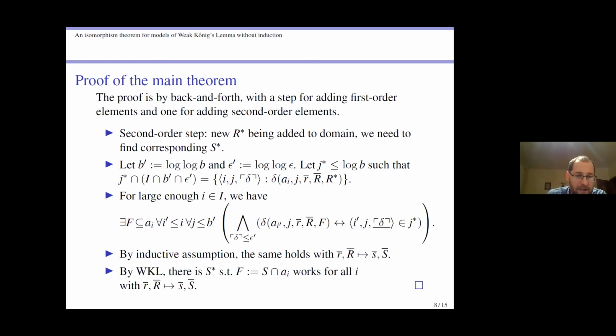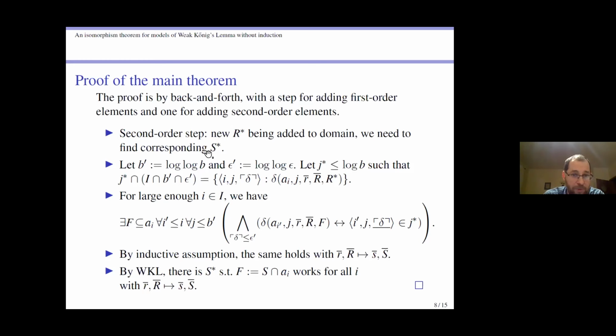So instead of having statements stating the existence of elements, you now state the existence of finite sets that approximate this R star. These transfer to the existence of finite sets approximating the S star by the inductive assumption.